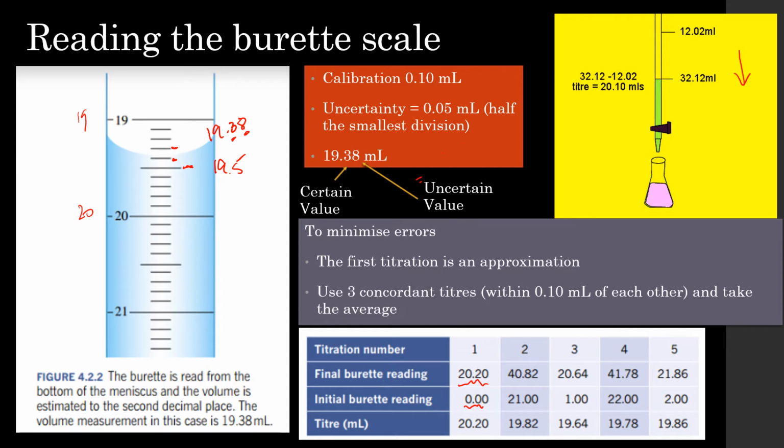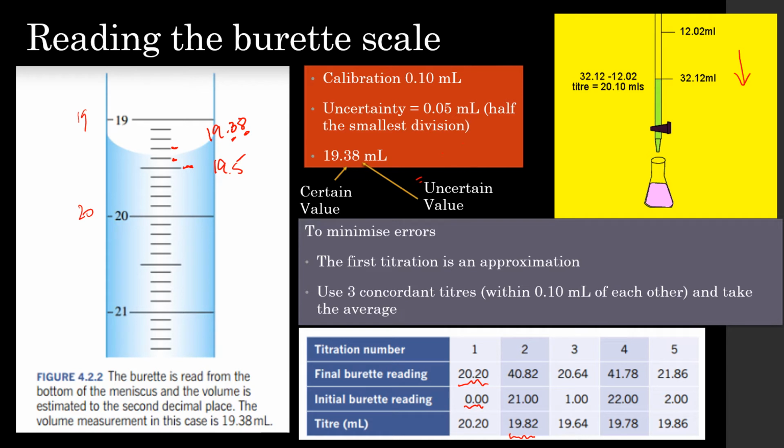So we know that the end point has got to be a little bit less than 20.2. So on the second titration, you'll let down about 19 mils very quickly, and then you'll do it drop-wise from 19 until you hit that end point, stirring as you go.